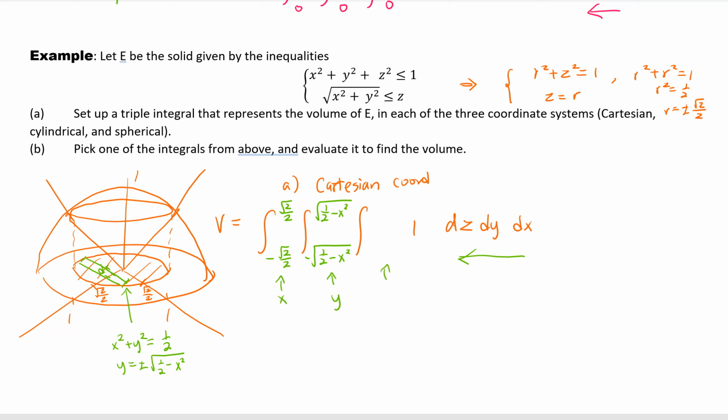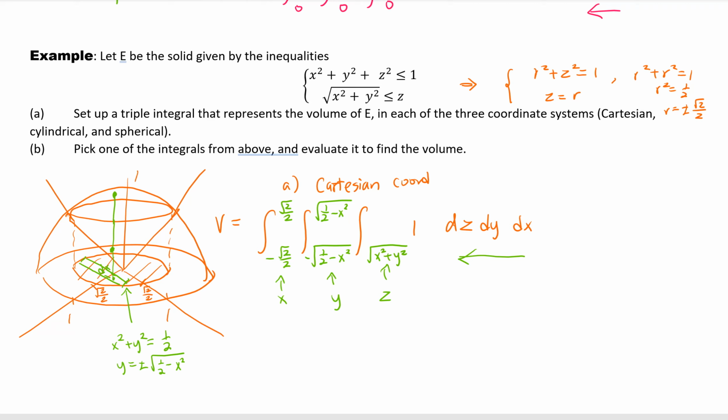Now how about the z? We pick any point on this rectangle and go in the z direction. It crosses the surface of the solid at two points. The bottom one is on the cone, so z equals the square root of x squared plus y squared.